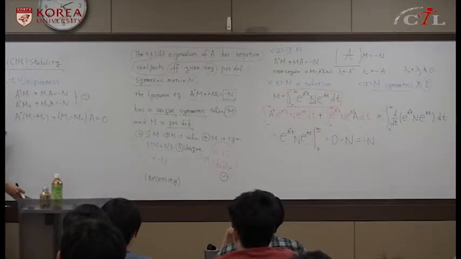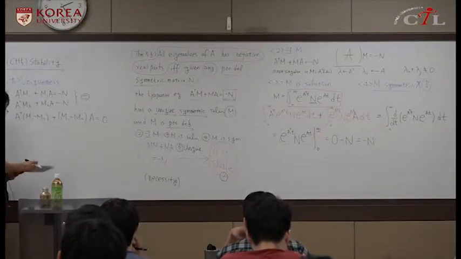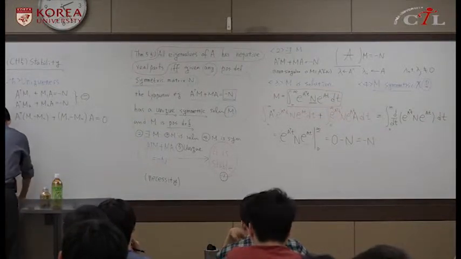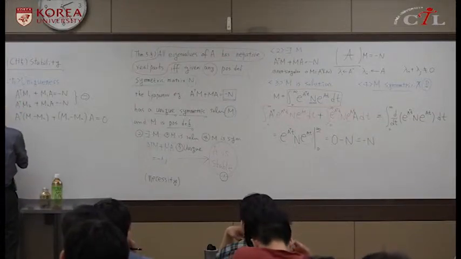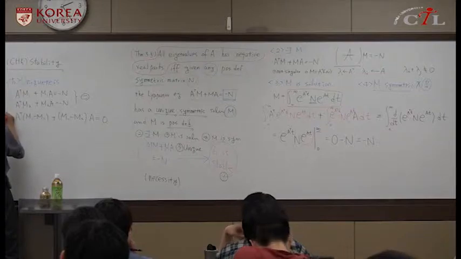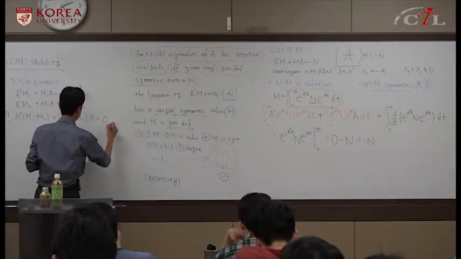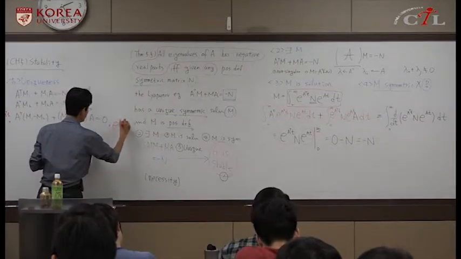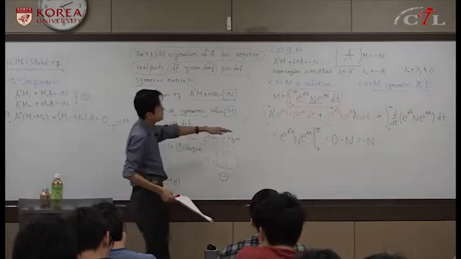Okay. And let's multiply. In the front, multiply e to the A transpose t. And in the back, let's multiply e to the A t. Then it's similar to this form.